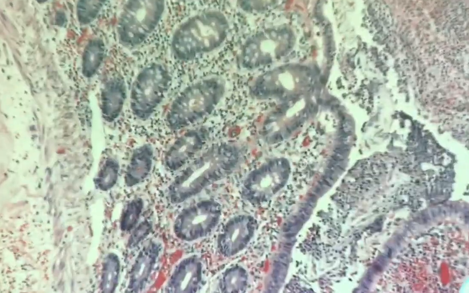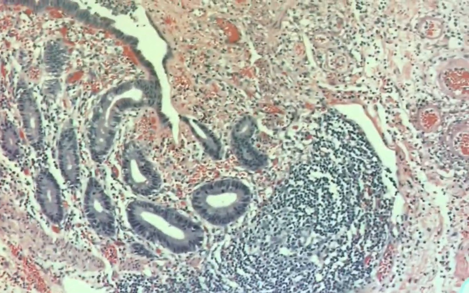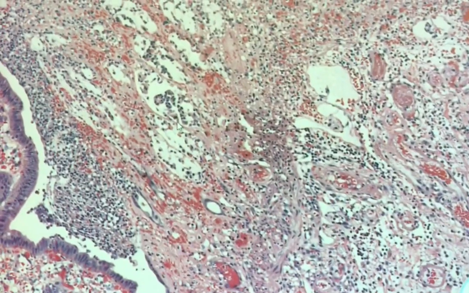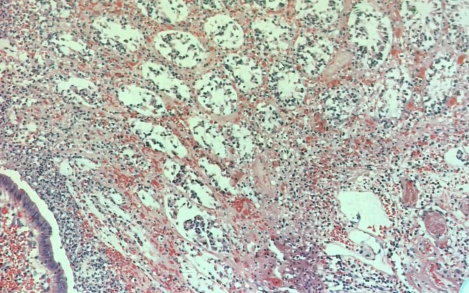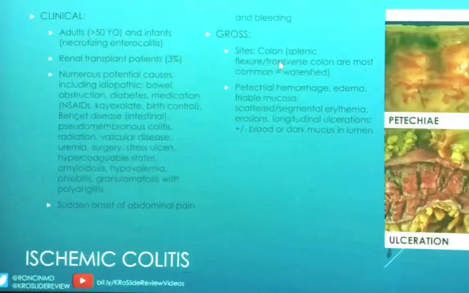Okay, but we have all these things going on. Oh, maybe down here. Let's see. No, not really. So what I was looking for was things like crypt abscess, and this again is just kind of falling apart, so you don't really want to say too much about that. But this is ischemic colitis.